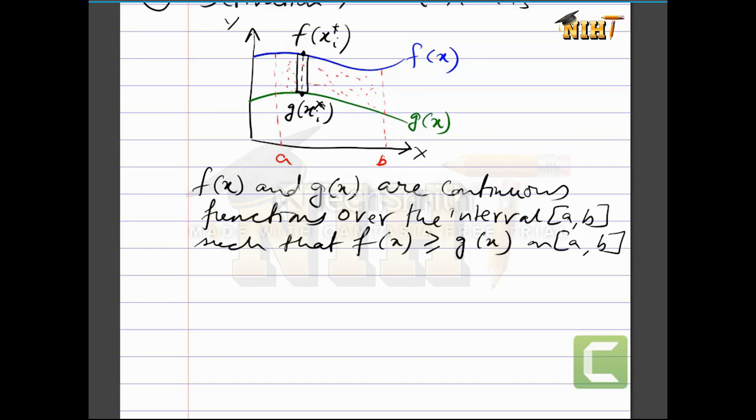Now, additionally, the width of this rectangular strip is delta x.